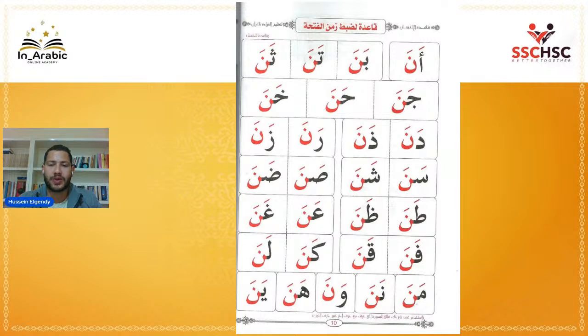Right now, we are in the first part of the vowels, which is the short vowels. The short vowels are fatha, which is what we are talking about today, inshallah, then dhamma, and also kasra.